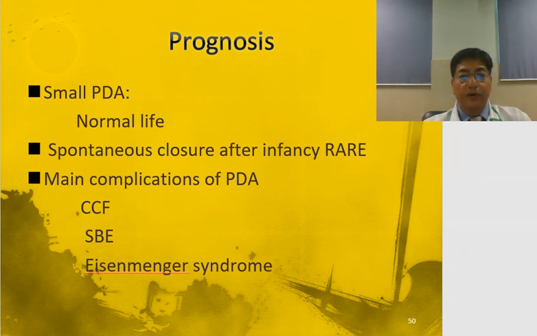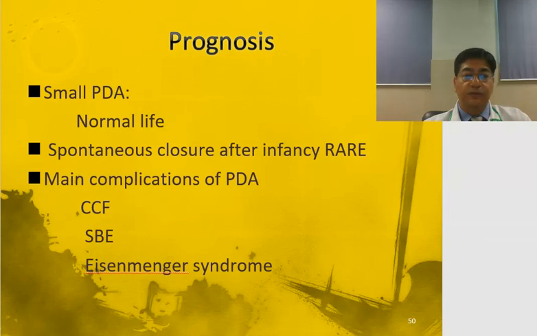Pharmacological management is usually required in larger defects with moderate side effects, and surgery or a device option where pharmacological management is not effective. Surgical management can be done if the patient has repeated chest infections and is not responding to pharmacological management.